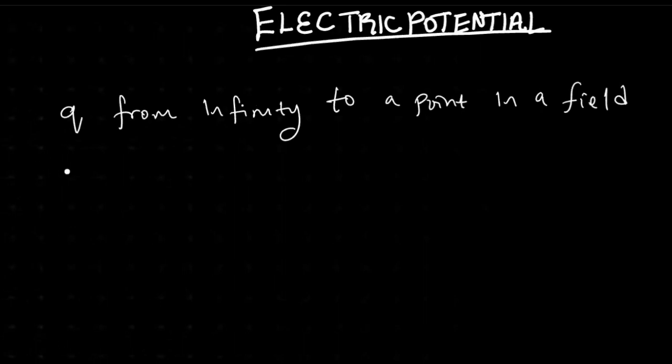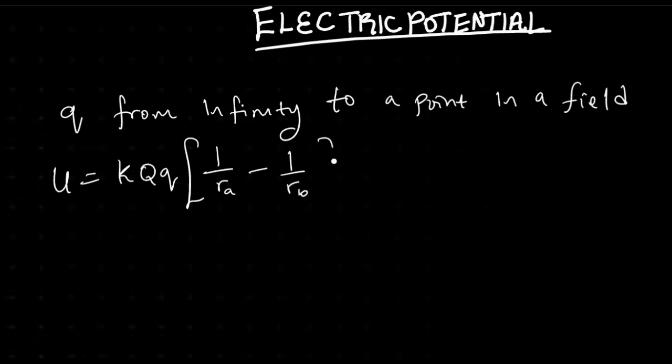So let's say we have, remember that U is equal to KQ, 1 over r_A minus 1 over r_B. Sometimes I'm surprised, is this place r_A or r_B? Don't worry, it just depends on how you interpret it, right? Anyone here can be B, here can be A. Now listen very carefully.